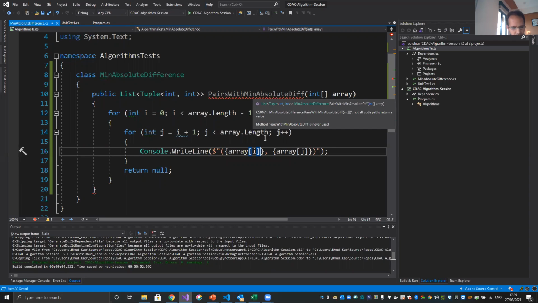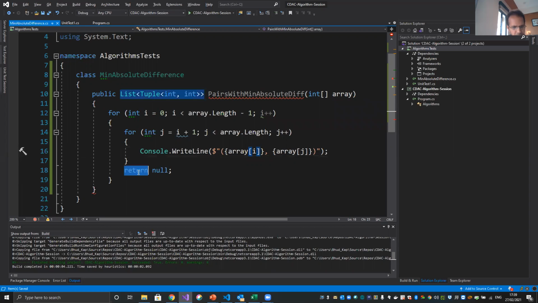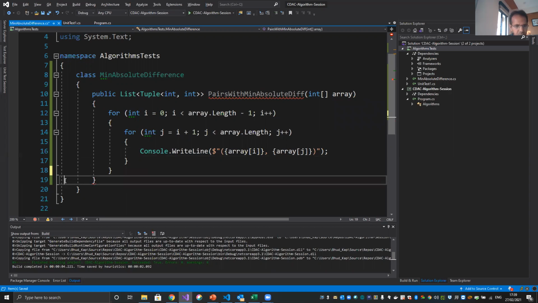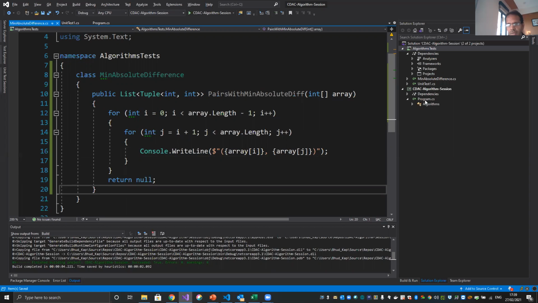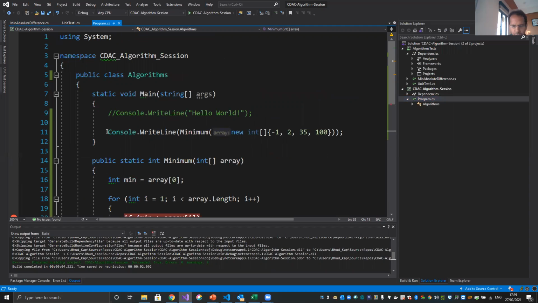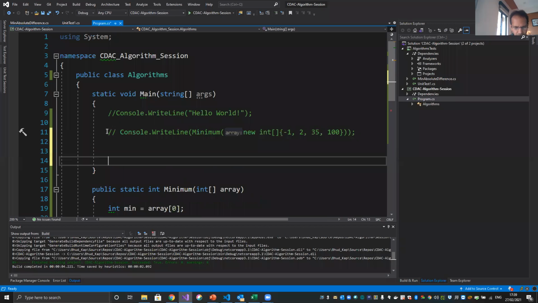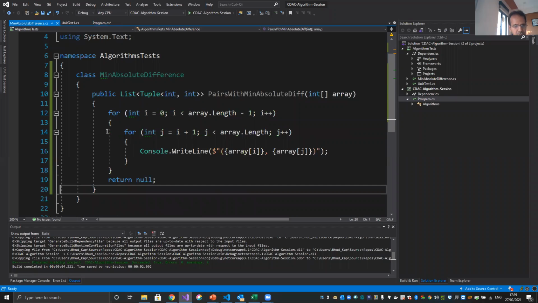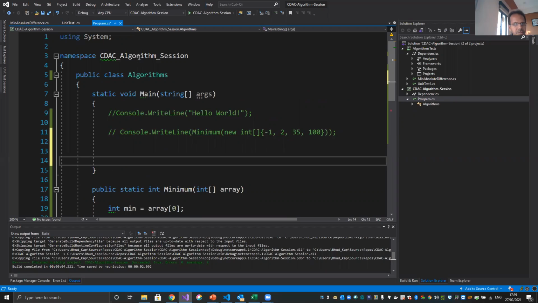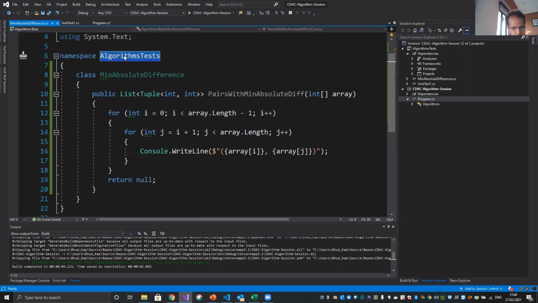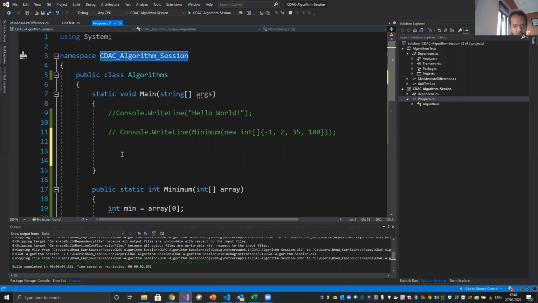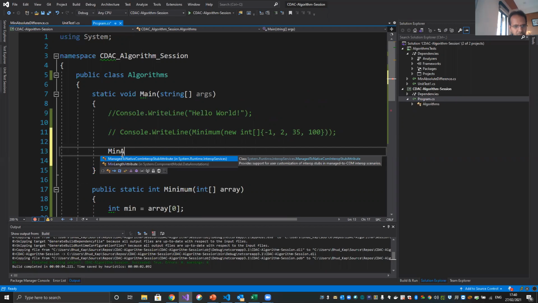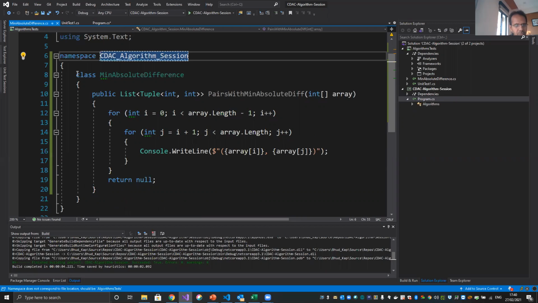Okay, it's never used. Return from here. Okay, and let's call this function now from the main program. We're not going to call minimum anymore, but we're going to call minimum absolute difference. We give the same namespace to it, and we call minimum, public.